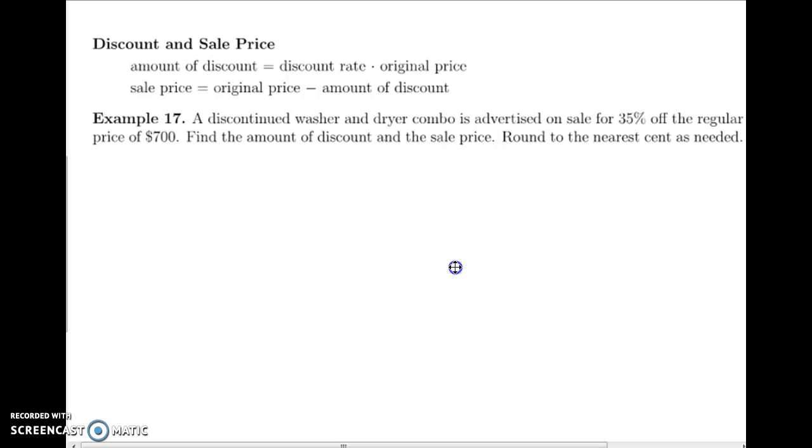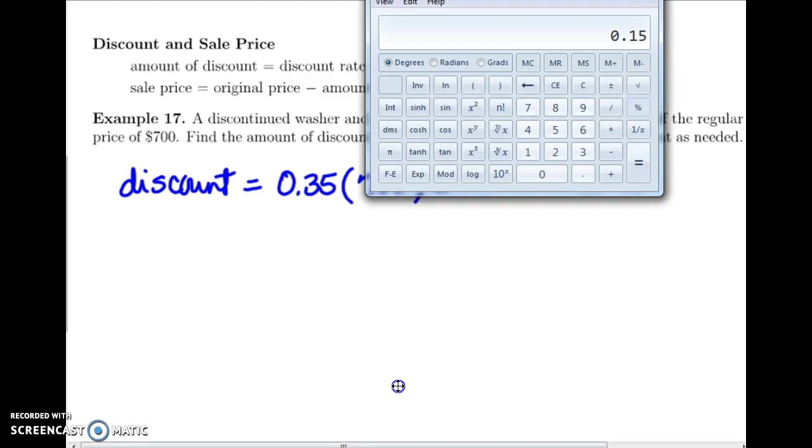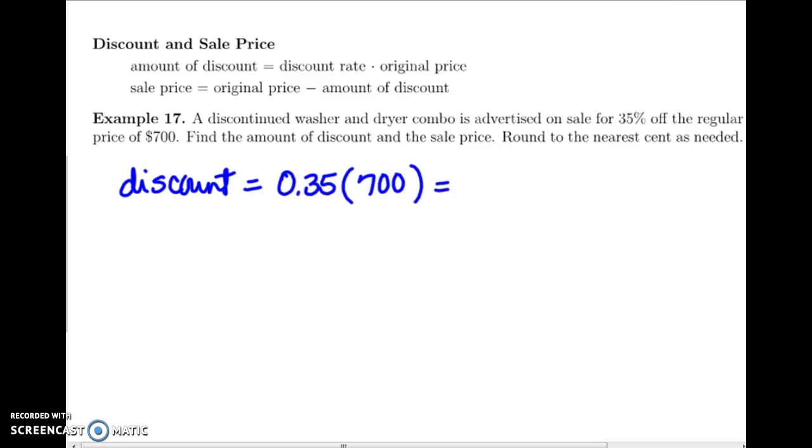So example 17, a discontinued washer and dryer combo is advertised on sale for 35% off the regular price of $700. Find the amount of discount and the sale price. Round to the nearest cent as needed. Alright, so discount. Okay, 35%, so that would be 0.35 times 700. $245.